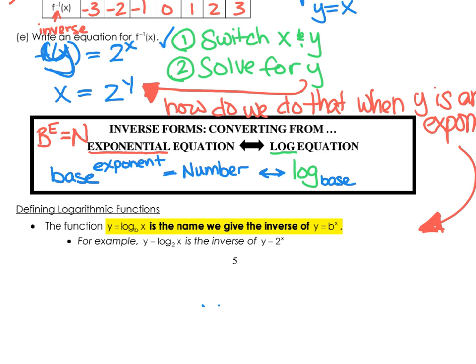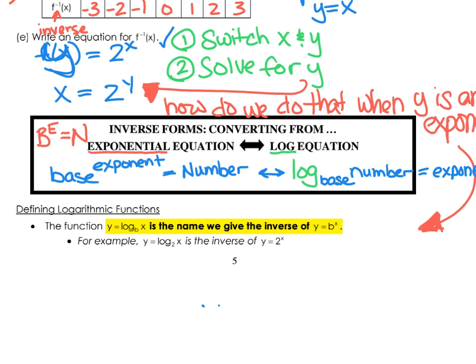Next, on normal level comes the number. Oops, I spelled number wrong. Let's try that again. I forgot my M. Number. And then it's equal to the exponent.